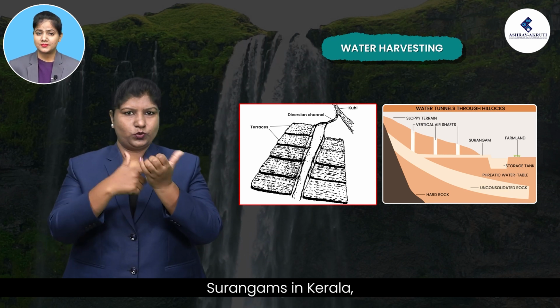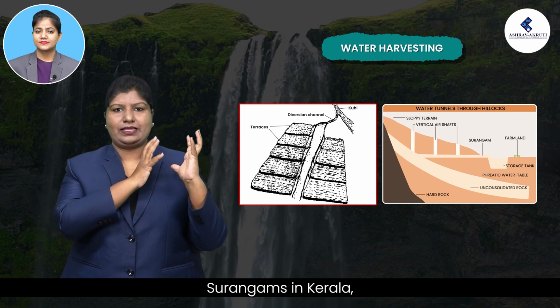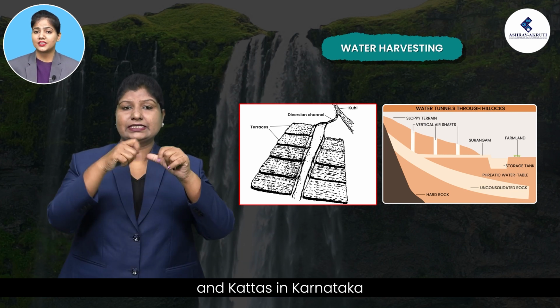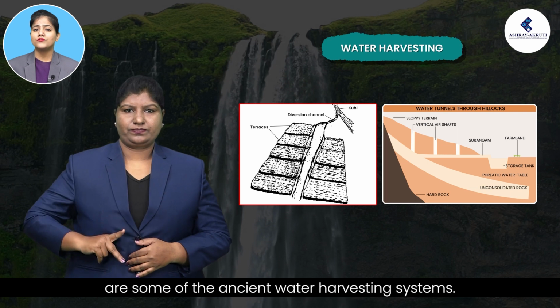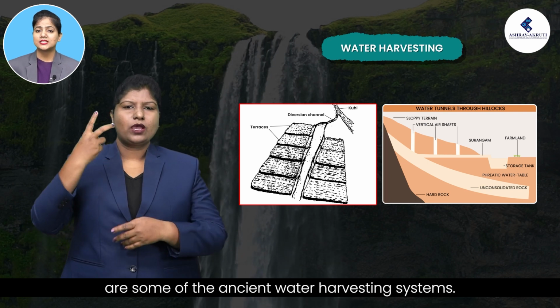Surangams in Kerala and Kattas in Karnataka are some of the ancient water harvesting systems.